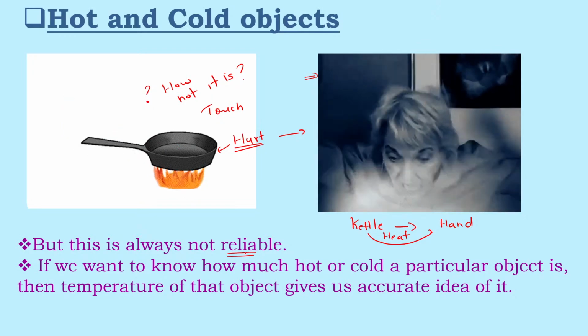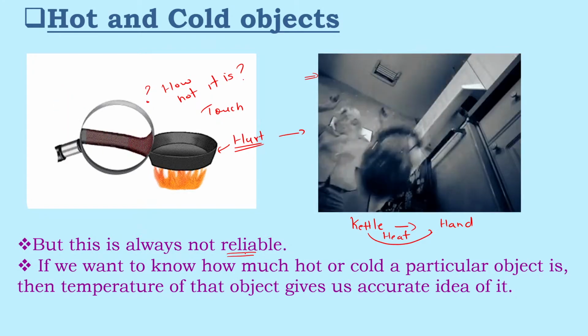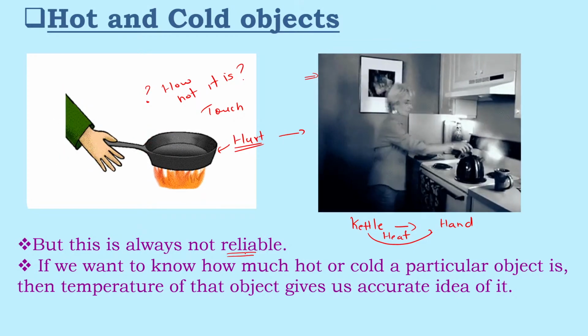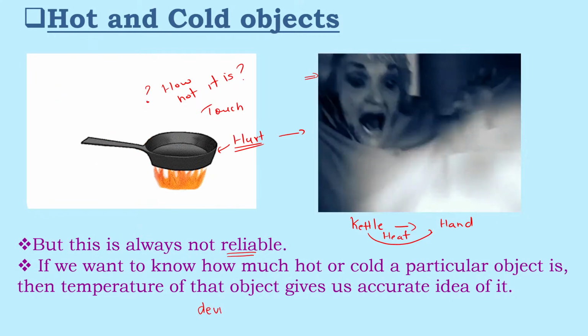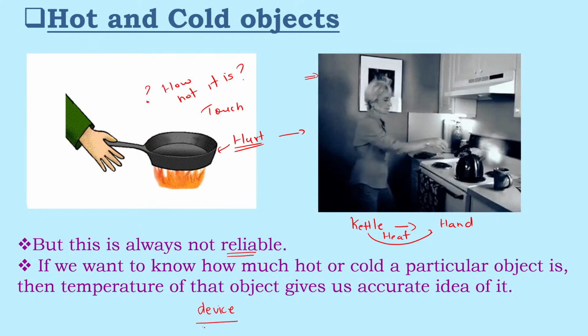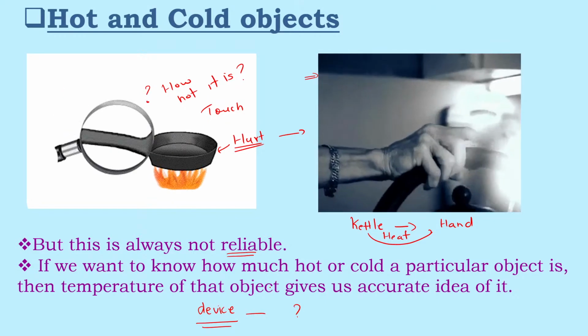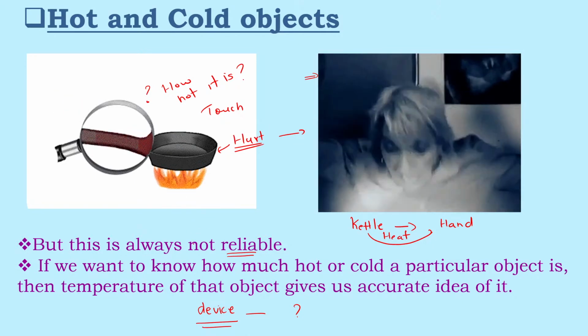So what do we do? What can we do in that case? Yes, we have to have some device, gadget or machine which is going to tell us how hot it is. What is that device that tells us how hot an object is?